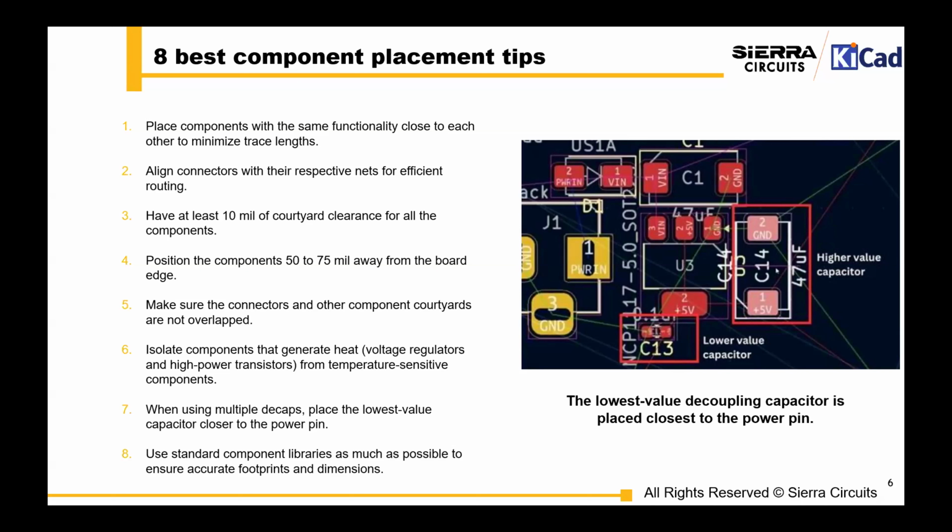Okay, great. Thank you. So we have just a couple more points, which is placing components near the board edge. We'd want, let's say, 50 mils of clearance away from the board edge. This is good for handling, and you don't want to damage components that are too close to the edge. We've seen some root cause failures in the past for components that are close to the edge when you have breakaway tabs really close to that component.